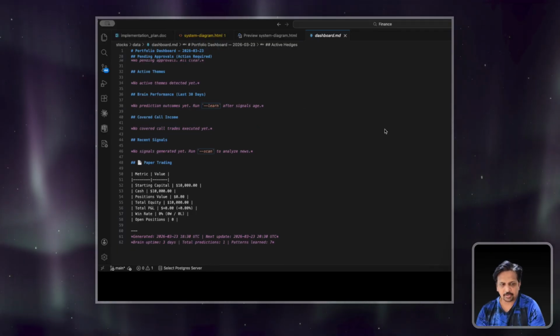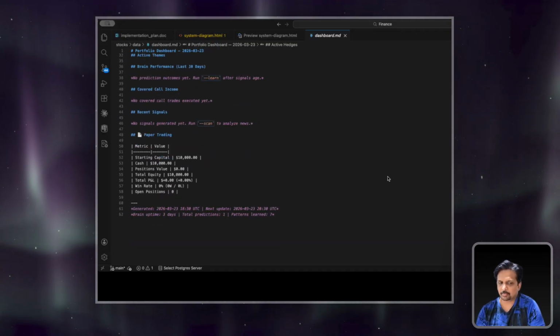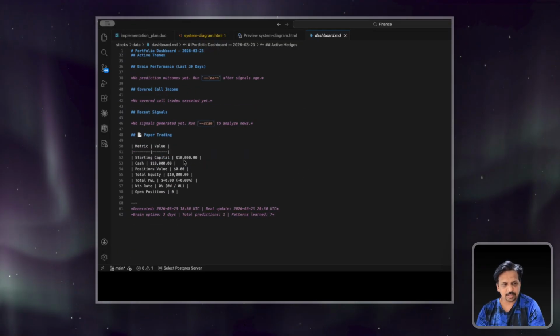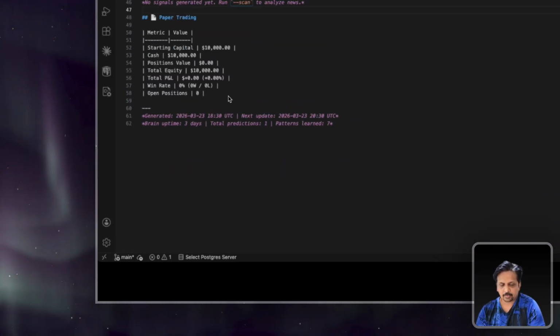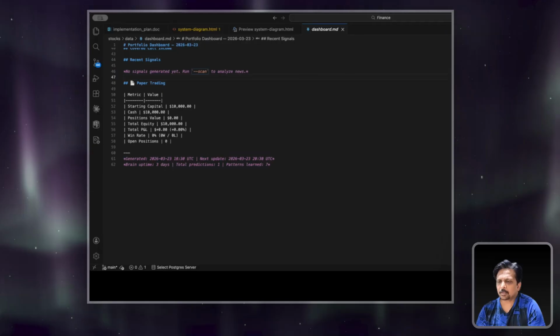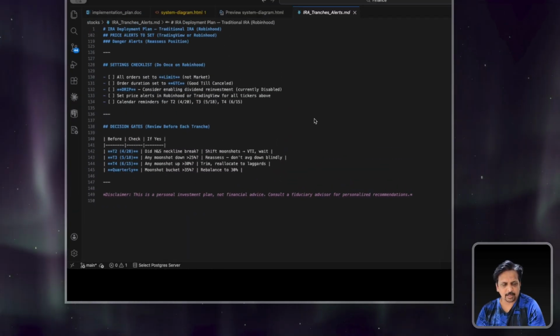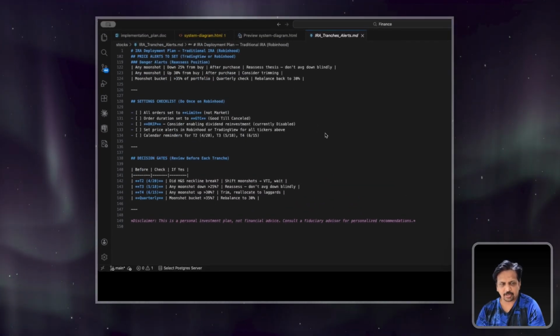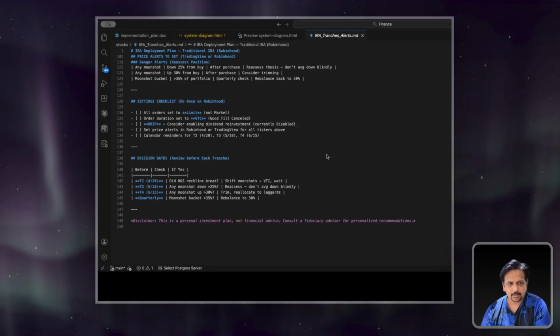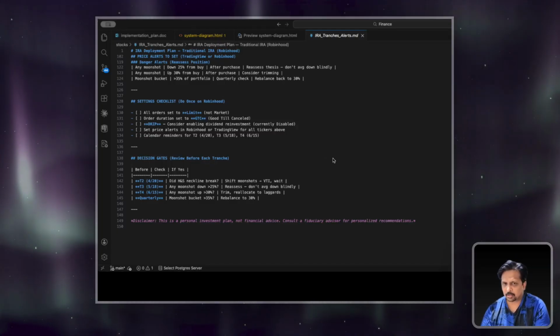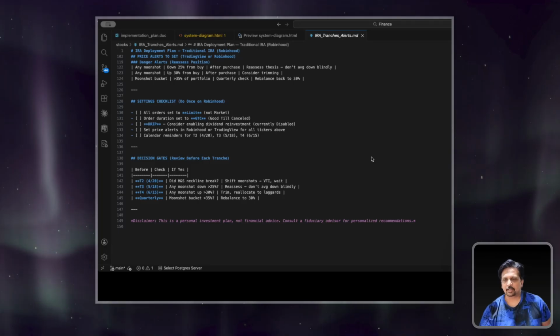And it also gives a signal to buy or sell and eventually keeps updating. And obviously this is in a paper trading mode. And so on my next run, it'll update that. And same is the case with IRA. There are like several tranches that it'll spit out and it gives a signal of when to buy, what to buy, and so on and so forth based on all this fundamental analysis.